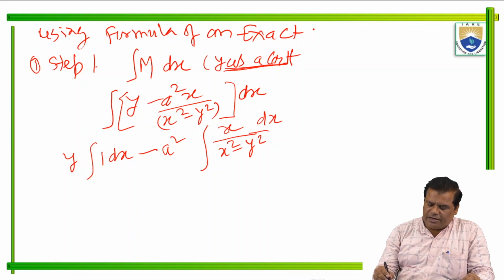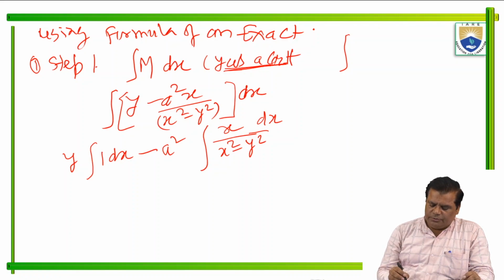So here we apply the formula, minus 1 minus x square. The formula is 1 minus x square, with y square as a constant. So 1 upon a square.